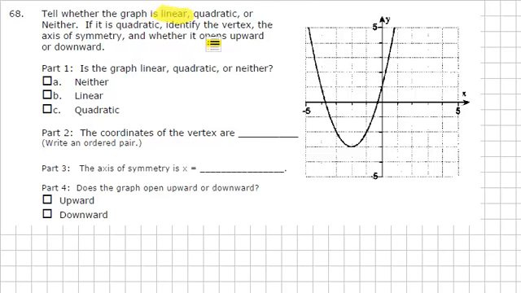First of all, recall that if a graph is linear, then its graph is a straight line. Secondly, recall that if a graph is quadratic, then its graph is a parabola.